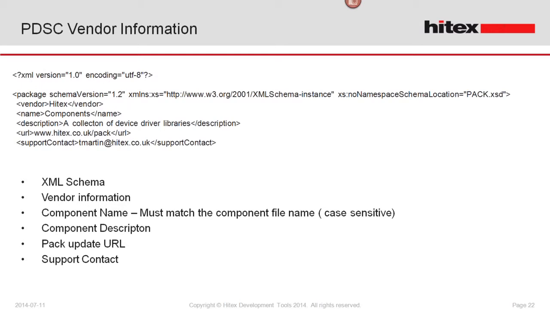So once this pack's installed, when we start the development tool, it will check this location to see if there are any new updates. So if we publish a new update, it will actually be pushed out to our users automatically, and they can, if they want to, download and start using the new version. And then finally, if you're brave enough, you can provide a contact email so that your users can get in touch with you.